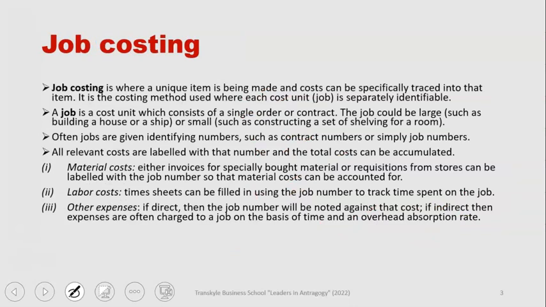Job costing. Job costing is where a unique item is being made and the cost can be specifically traced into that item. It is the costing method used where each cost unit for a job is separately identified. Ladies and gentlemen, please be comfortable with the definition of job costing, because it is going to come in examination, and the examiner might ask you, can you please identify from the following statements which one is the definition of job costing?